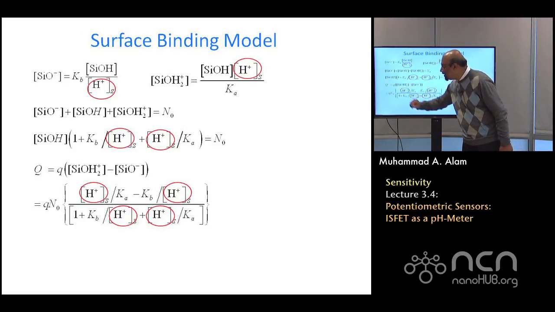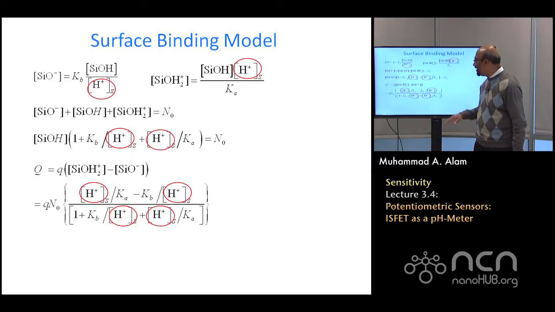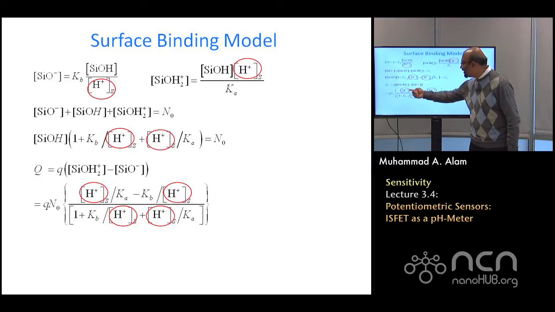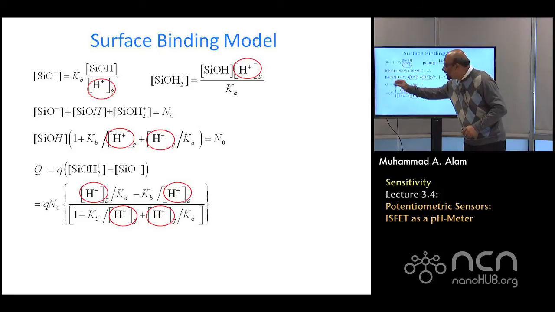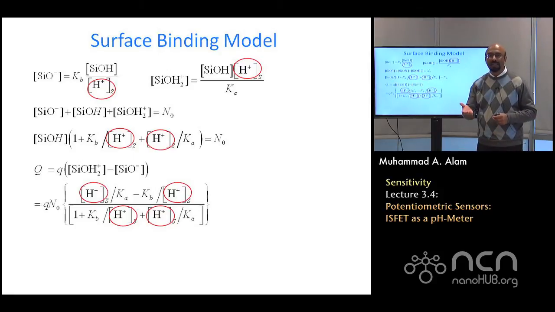Bottom line is now the charge on the surface is completely specified. These are coming from the pH, these are measured quantities. So as soon as you change your pH, the Q will change, and immediately the channel underneath will know that the pH has changed, and you'll be able to say by how much the pH has changed.